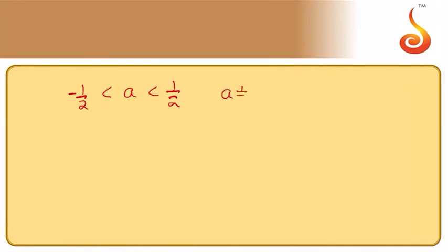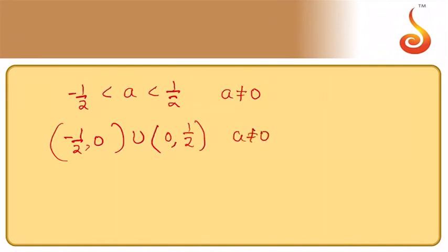From this, we get a lies between minus 1 by 2 to plus 1 by 2. But here most important is a is not equal to 0. So the final answer will be minus 1 by 2 to 0 open interval union 0 to 1 by 2, where a is not equal to 0.